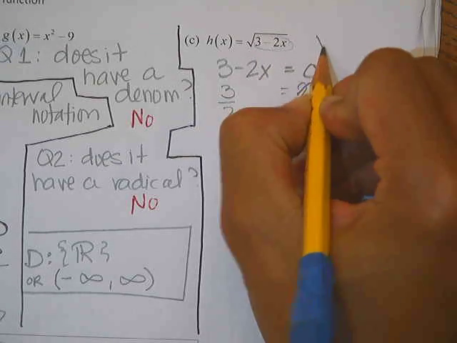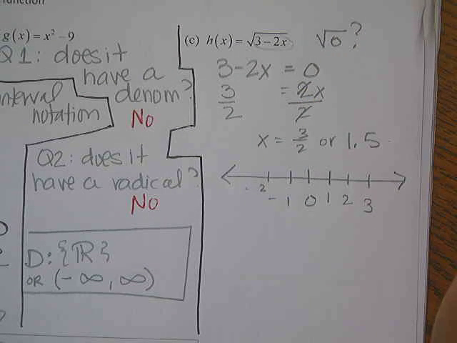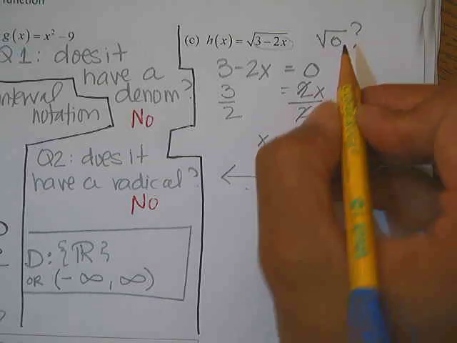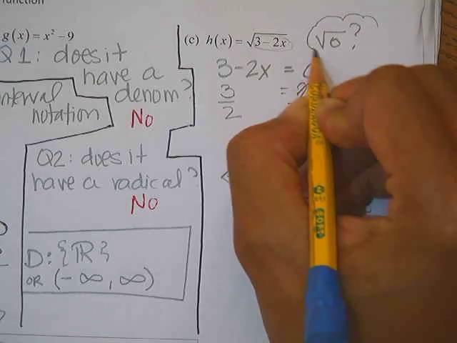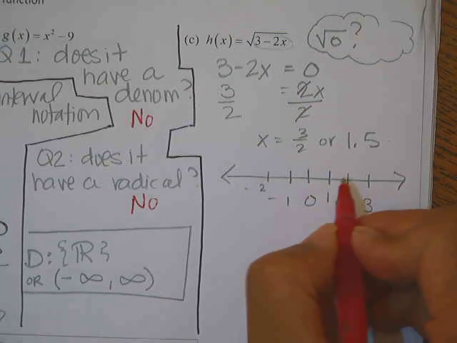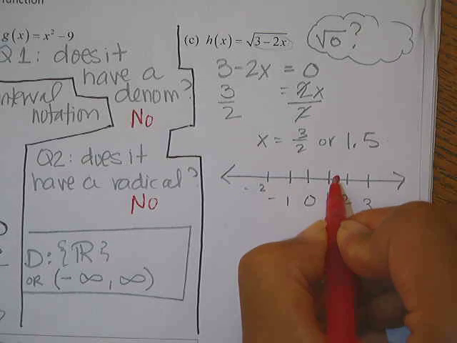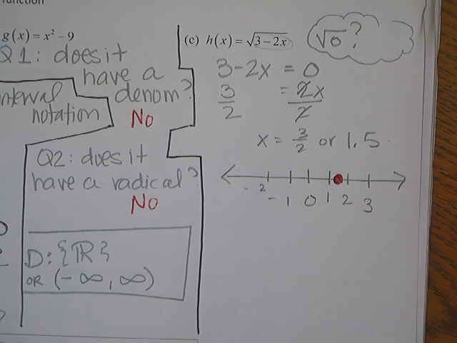What is the square root of 0? Can I have it? The square root of 0 is 0, right? Which means it's okay to have. So at 1.5, it's a closed circle, because I can have 1.5, okay?